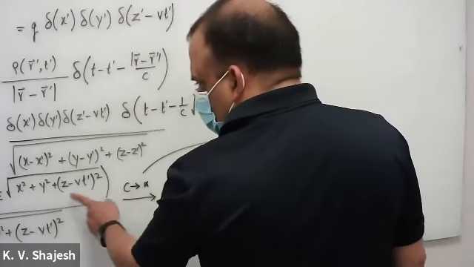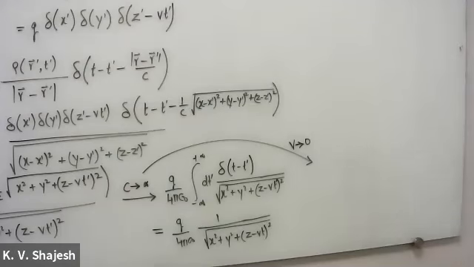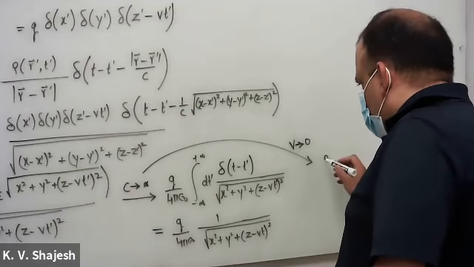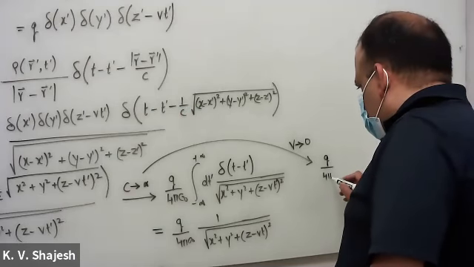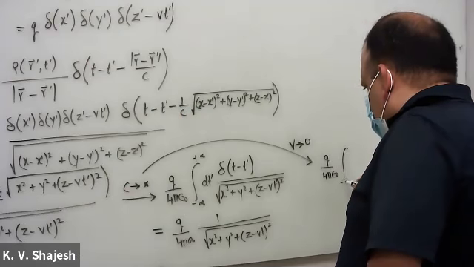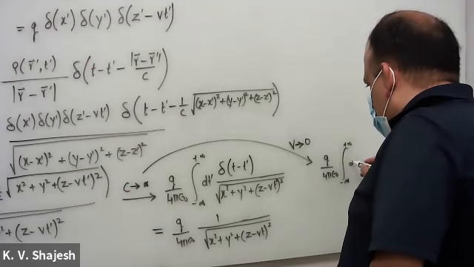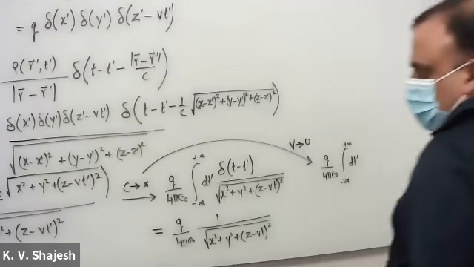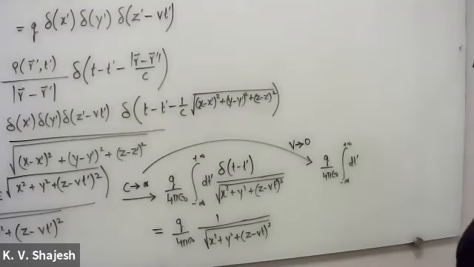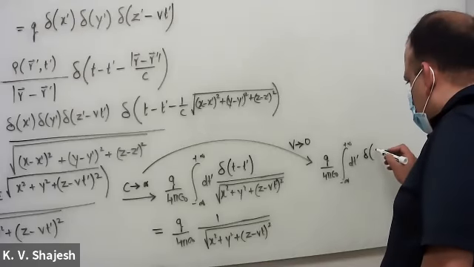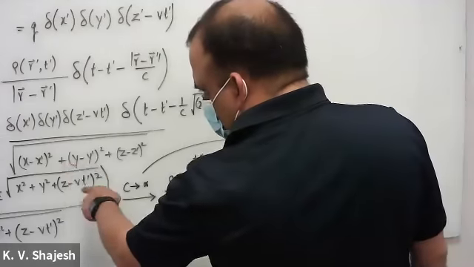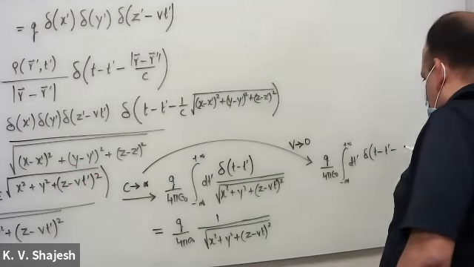So in that case, all this v t prime term will go to 0, and what we get is q over 4 pi epsilon naught, again the time integral dt prime, and with the velocity v set to 0, the delta function of t minus t prime. Once the velocity term goes to 0, what is remaining is just r over c.